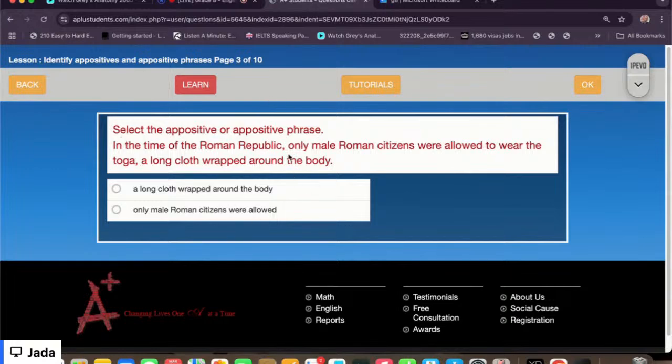In the time of the Roman Republic, only male Roman citizens were allowed to wear the toga, a long cloth wrapped around the body. So what's the appositive phrase here?